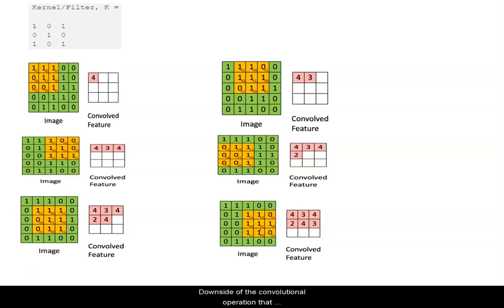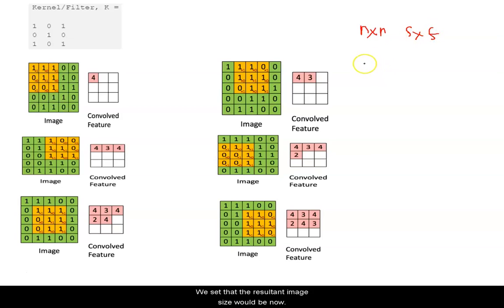Now, there are two downsides of the convolutional operation that we just discussed. The first downside is, suppose that you consider an n cross n image and an f cross f filter.